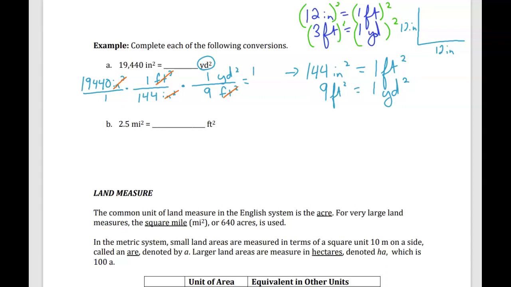So I get 19,440 divided by 1,296. And when I divide that out, I will get that 19,440 inches squared is equal to 15 yards squared.